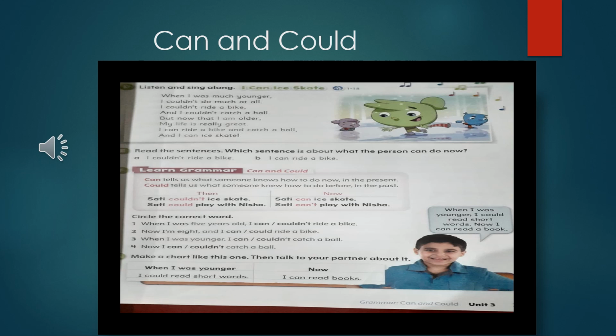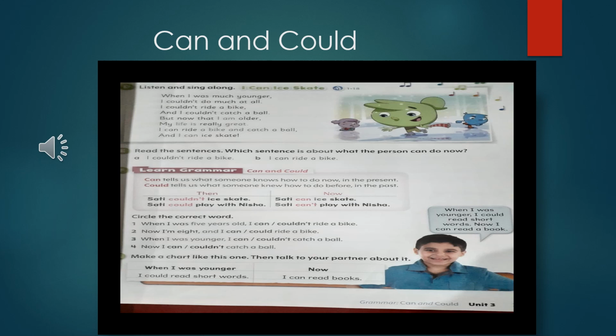Below is an exercise for you. Circle the correct word according to the sentence. If they're talking about the present, you will circle can and can't. If the sentence is about the past, you would circle could and couldn't. So, when I was 5 years old, I dash ride a bike.